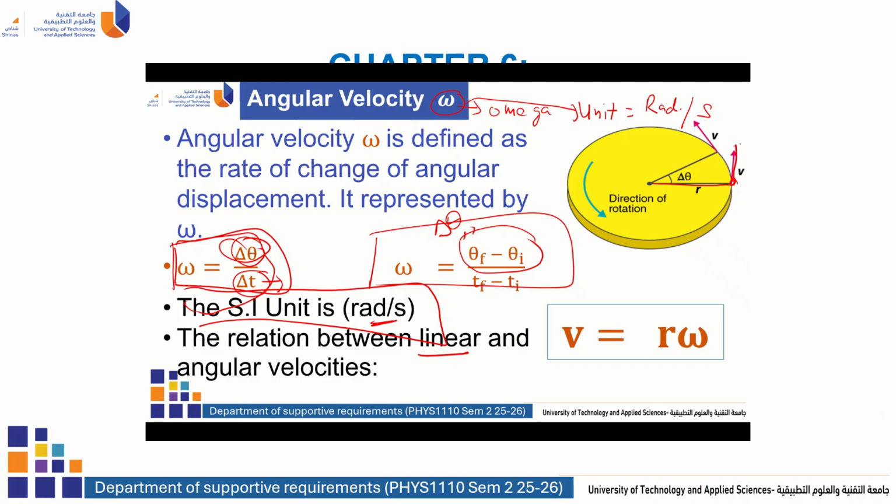The direction of the linear velocity we show by the symbol v. Now this rule tells the relation between the linear velocity and the angular velocity. Here omega is the angular velocity, v is the linear velocity, and r is the radius of the circular path.